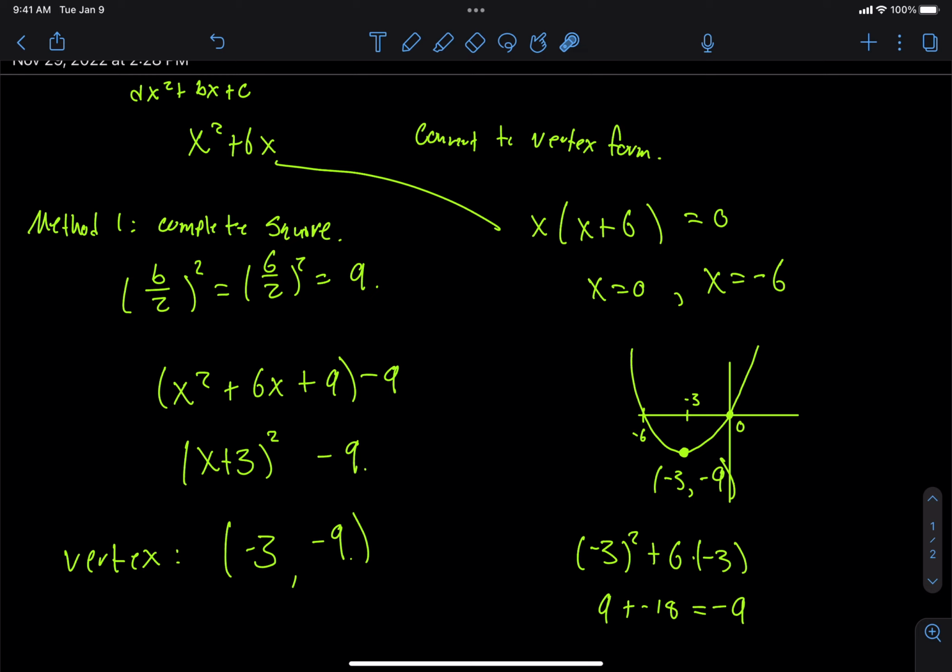B over 2 squared. Yeah, so take the b value, in this case it's 6, divide by 2, square it, add it, and subtract it. It's important to add it and subtract it, by the way, and not subtract it and add it, just so you know. Any other questions on this one?